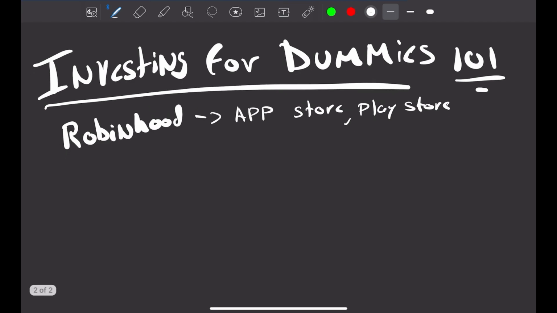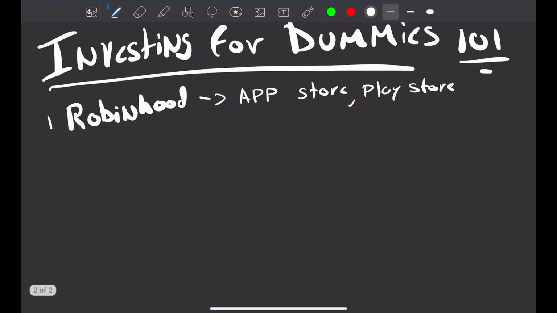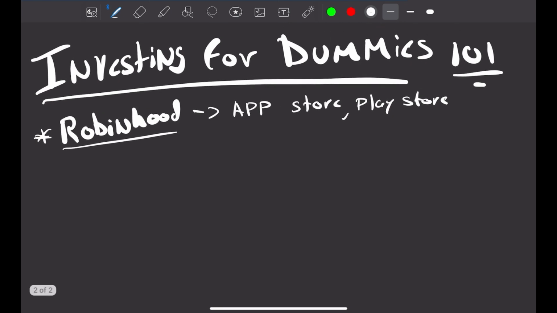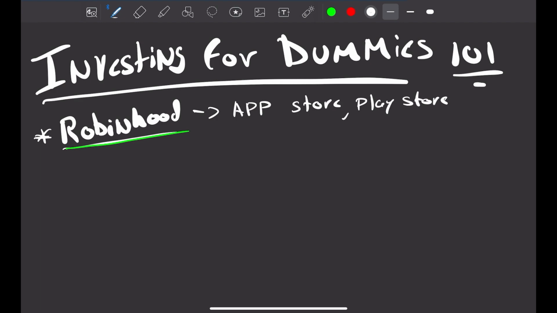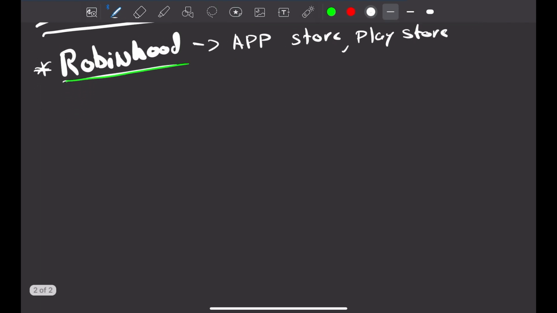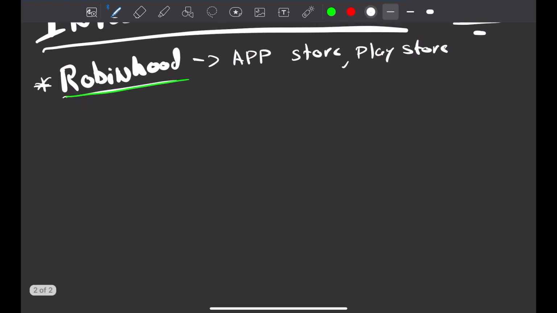It's the most basic app I recommend. It's very easy to use, and I enjoy it. It's green, like Robinhood, as the name suggests. So that's step one: download Robinhood.